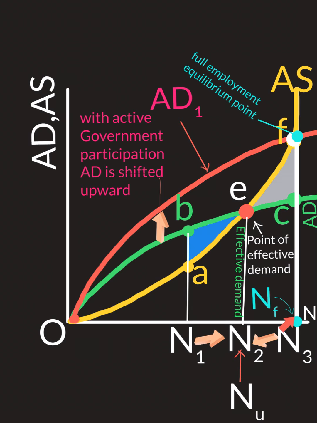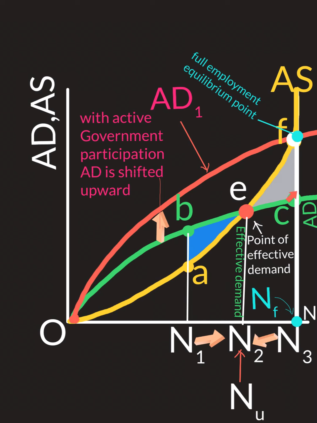This full employment level can be attained with the help of active government participation. In a capitalistic economic system, the market economy cannot reach the full employment equilibrium automatically. According to Keynes, the underemployment equilibrium is the natural consequence.